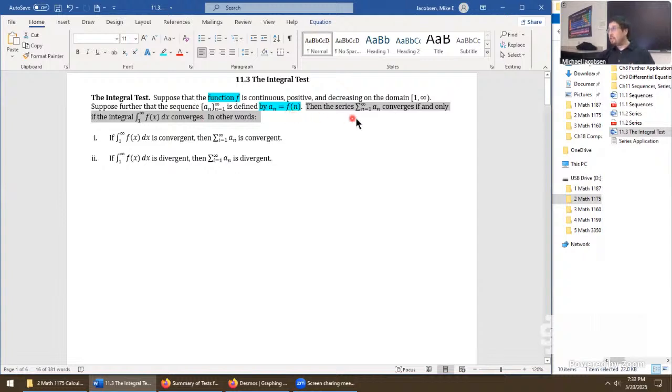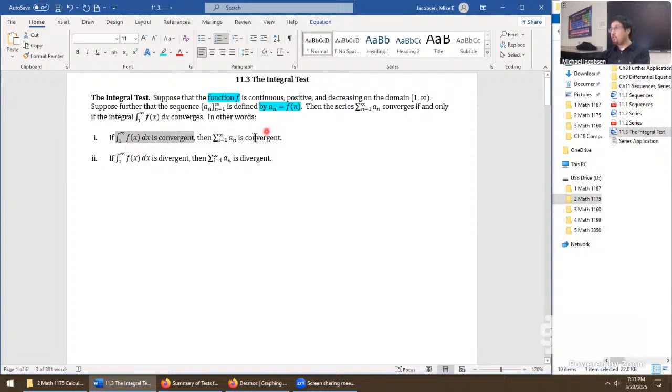Once we've made that correspondence that the function value matches the sequence on all the integer values right here, the convergence or divergence of the series is now completely tied with the convergence or divergence of the improper integral. So if the series converges, so does the improper integral, and vice versa. That means we can discuss convergence or divergence by just integrating here.